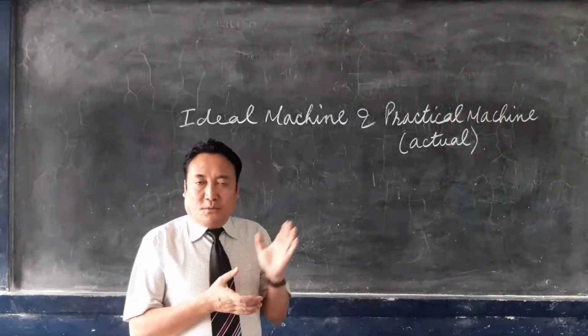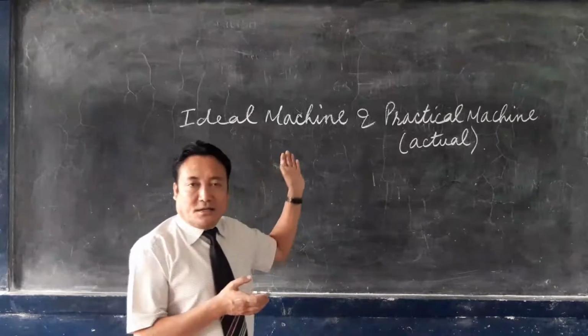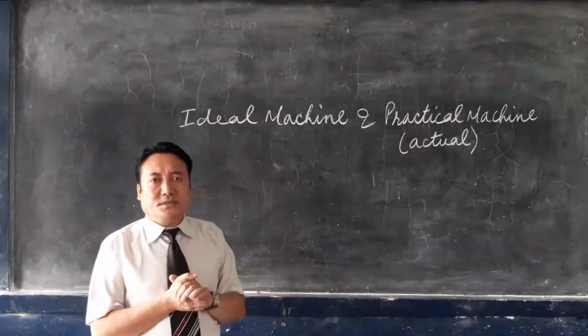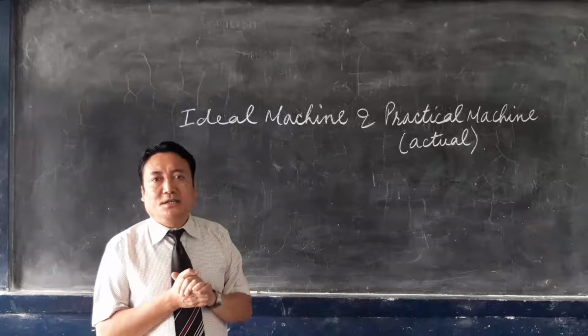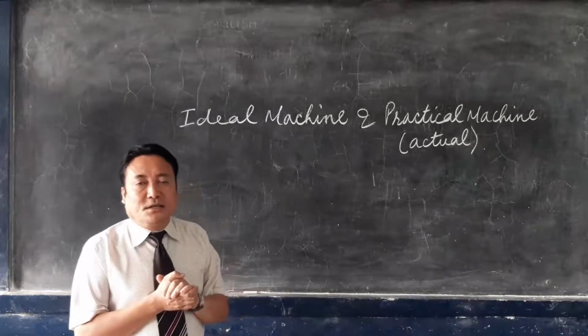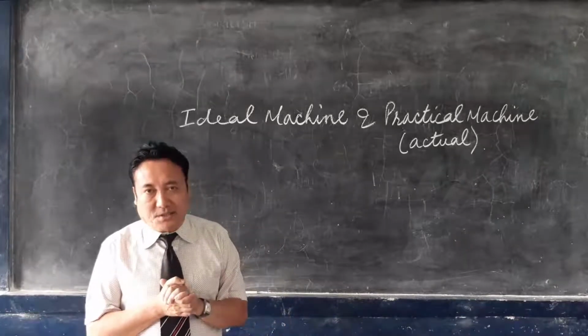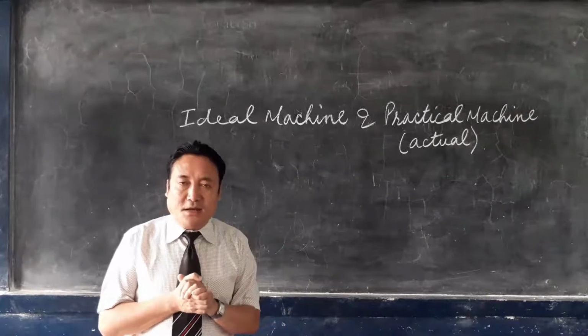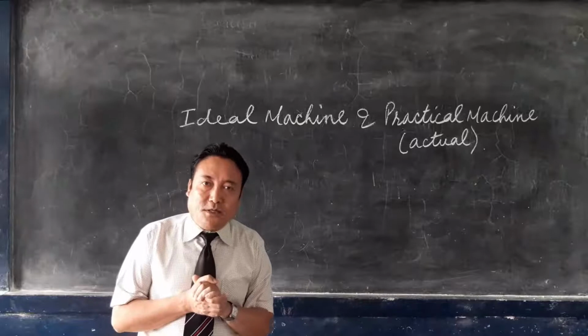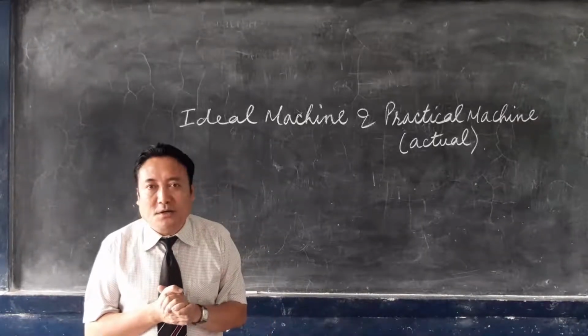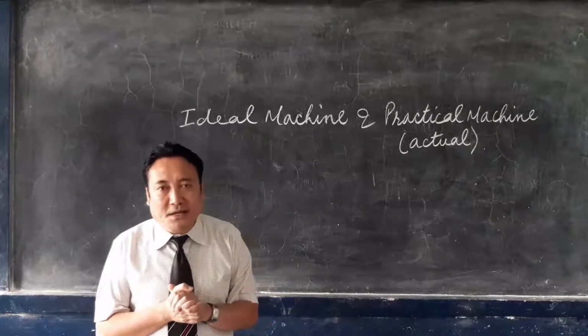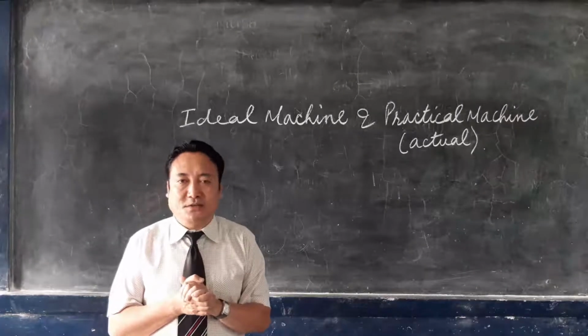So when we come to this ideal machine, the efficiency is equal to 1, or 100%, the work input is equal to the work output, and the mechanical advantage is equal to the velocity ratio.